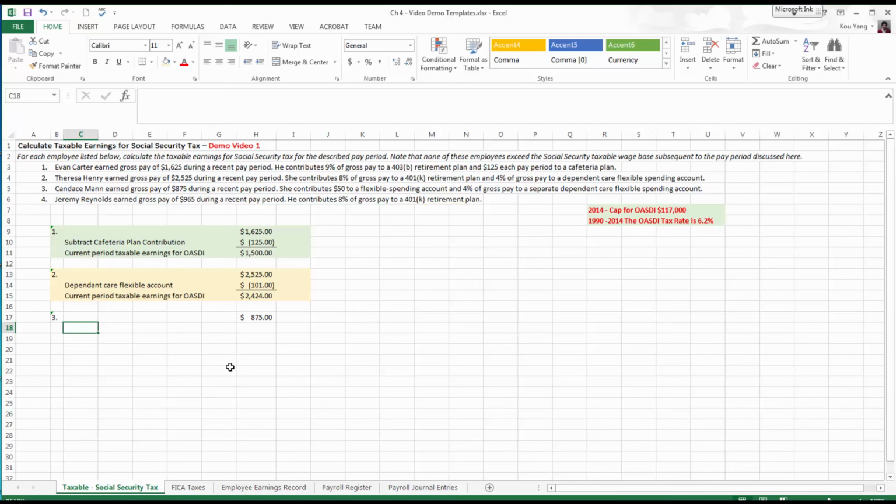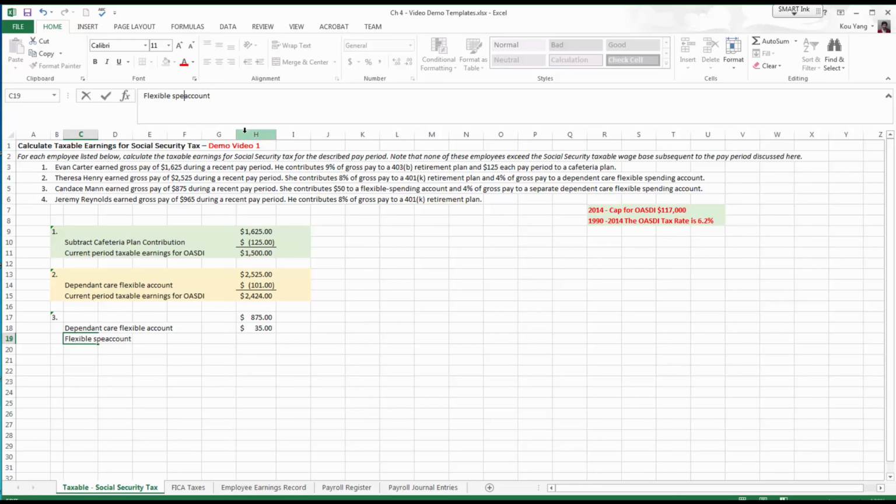Candace will have 2 different subtractions or deductions. She will have the dependent care flexible plan, which is 4%, and she will also have a deduction for the flexible account, which is $50.